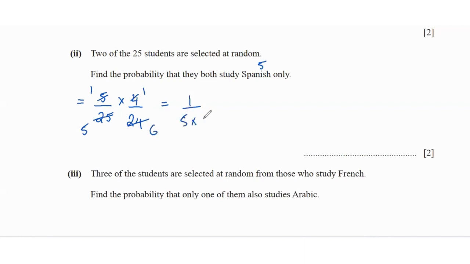So 1 over 5 times 6, which is 1 over 30. So once again, remember, you're taking 2 students from the set of just Spanish. So when you've taken 1 student, there's 1 less student in the entire set and the set for Spanish.